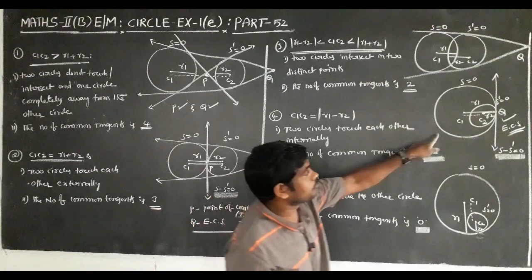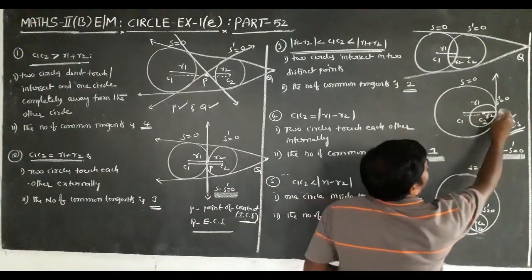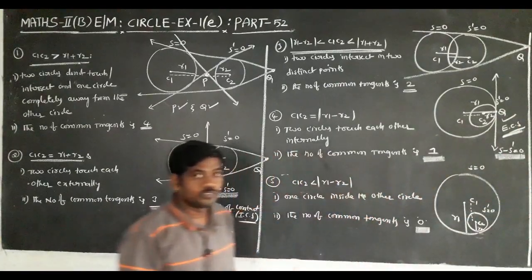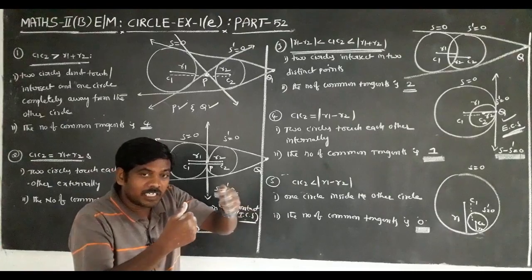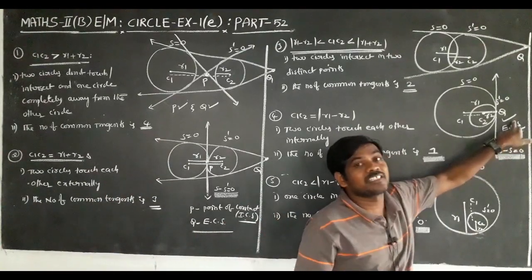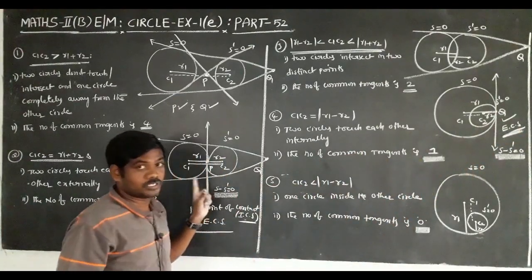Next one, if two circles touch each other internally, the point of contact is the external center of similitude. This is a note, must and should.